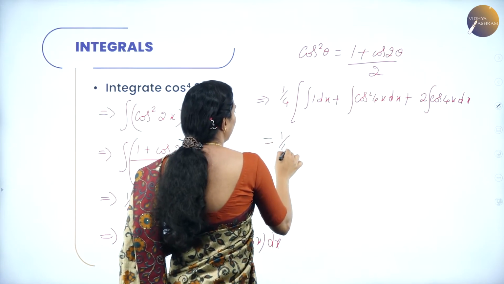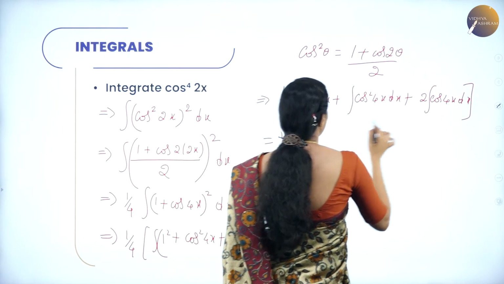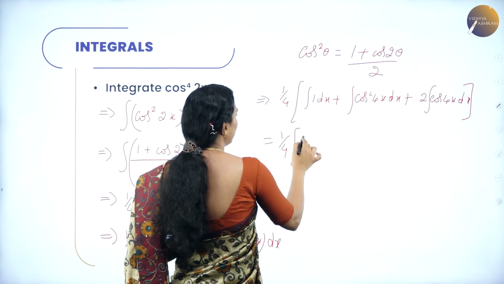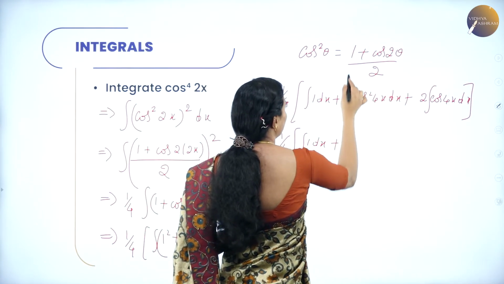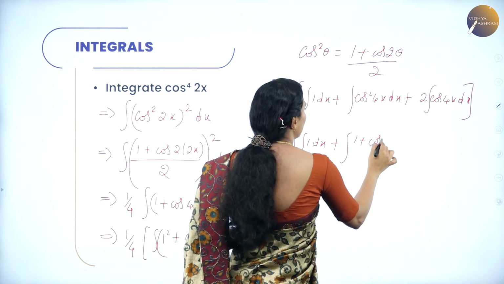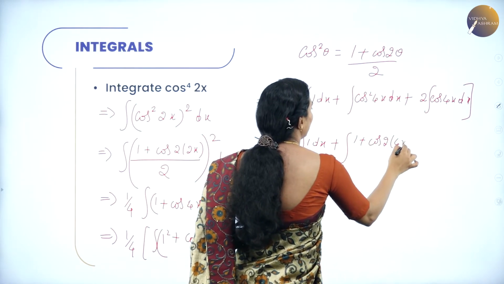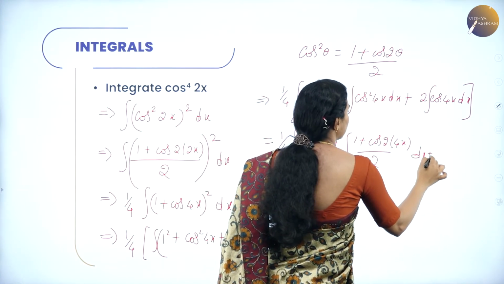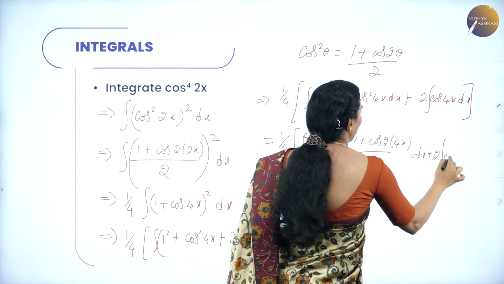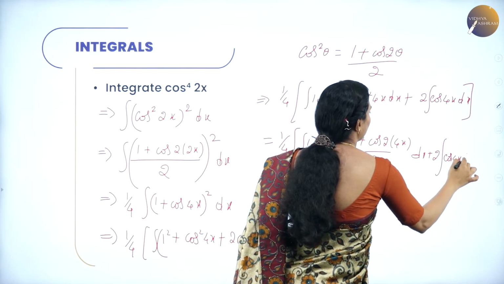Now again writing 1 by 4 into, close the bracket because 1 by 4 will be multiplied throughout, integral of 1 into dx plus again this will be written in the form of (1 plus cos 2 theta), which is 4x, divided by 2 into dx, plus 2 into integral of cos 4x into dx.